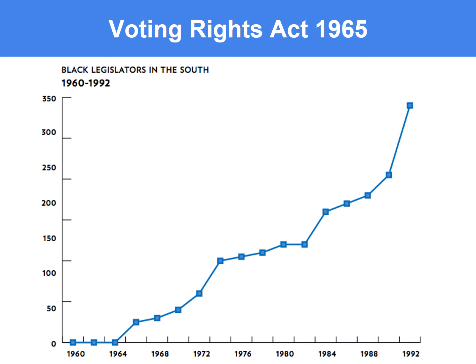You can see in 1964 we have no African American legislators in the South. However, after the Civil Rights Act and the Voting Rights Act are passed in 1964 and 1965, the number of African American legislators in the South continues to grow year after year.